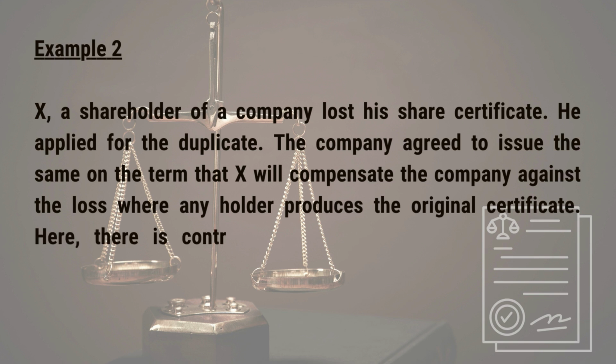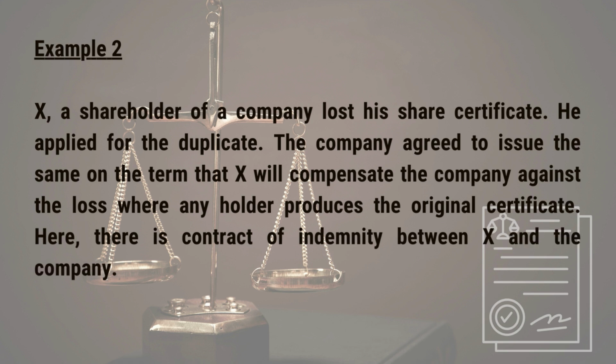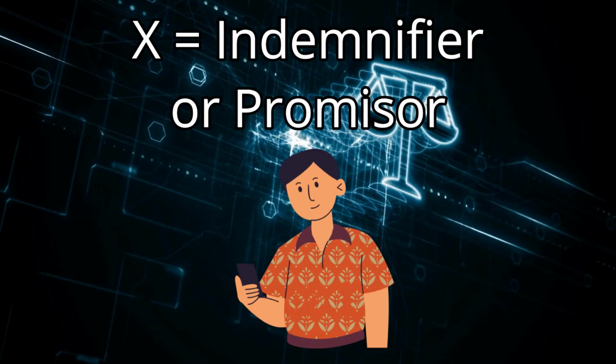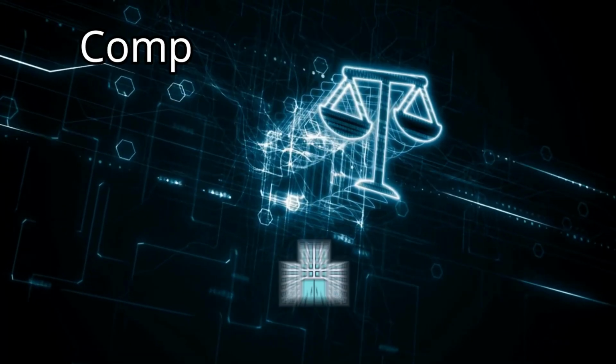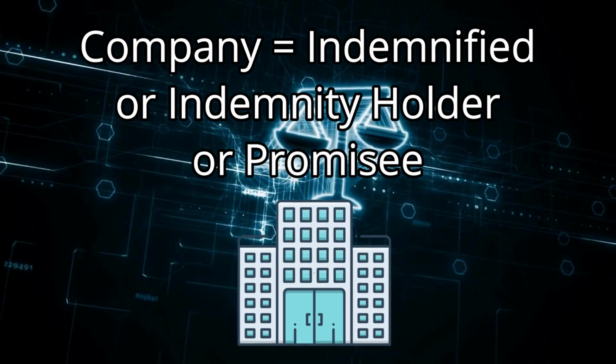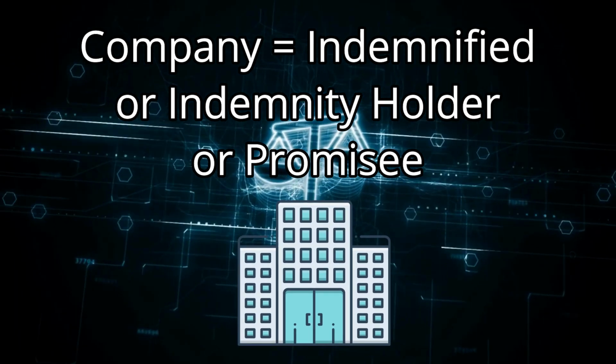Then this is a contract of indemnity between X and the company. So here X is giving a promise that if anything happens with the original certificate, I will compensate the company. So X is the indemnifier, promisor, and the company is the indemnified, indemnity holder or promisee.